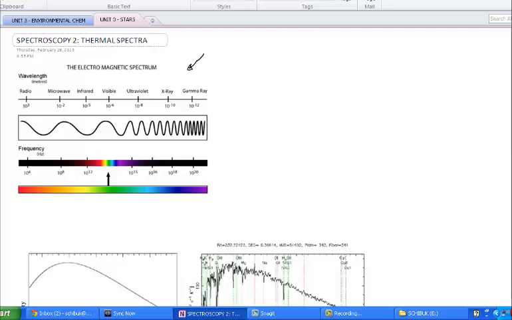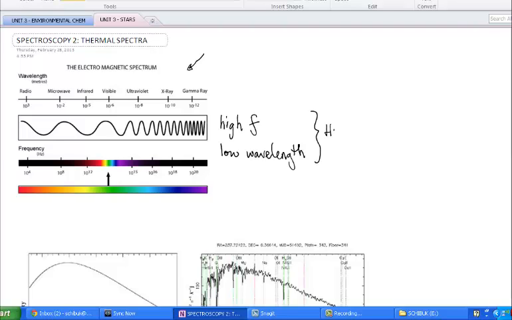So again, you know that there are different types of electromagnetic waves, and they differ because of their wavelength. Now, just a reminder, these waves to the right of the spectrum, gamma rays, have a high frequency and a low wavelength. What this means is that they are high energy.